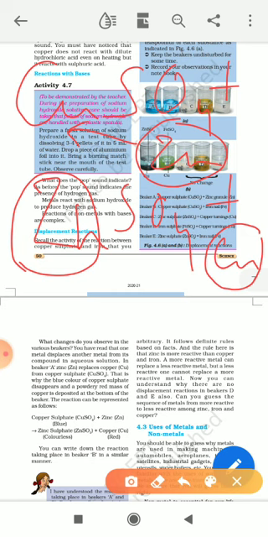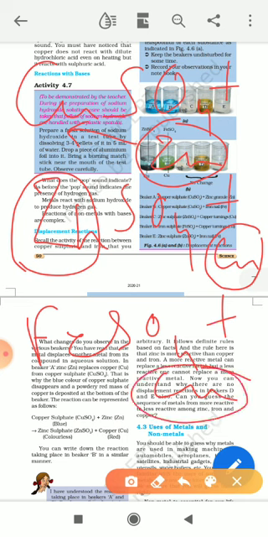In D and E cases also the same thing will happen. FeSO4 plus copper: copper is not able to displace iron. But in the second case, CuSO4 plus Fe, iron is able to replace copper because iron is more reactive.